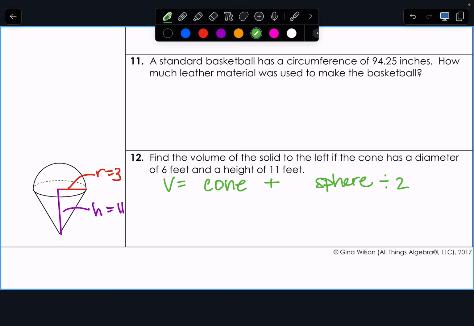Volume of a cone, do you remember how to do that? 1/3 pi r squared h. Our radius is 3, and our height is 11. Could you please calculate just the volume of the cone?